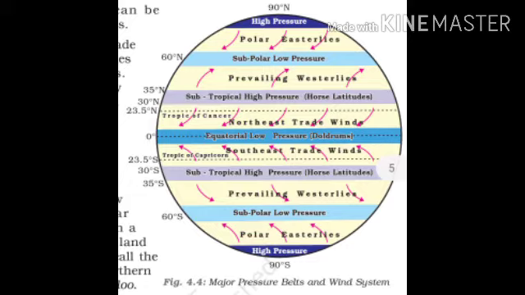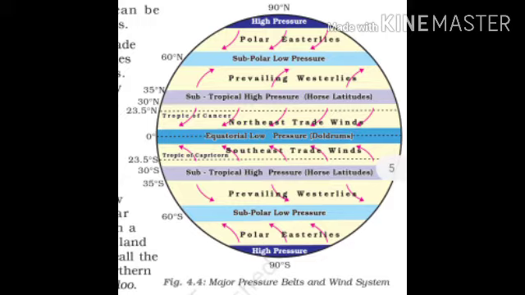Under these winds, the westerlies and easterlies are the permanent winds. The term westerlies means those winds whose origination is from the west direction. Easterlies are those winds whose origination is from the east direction.